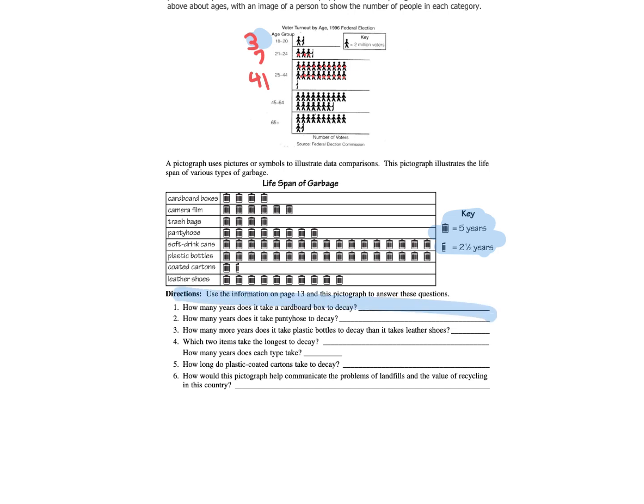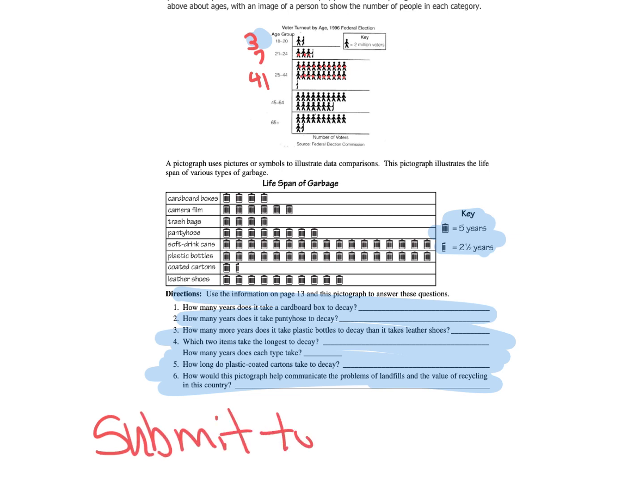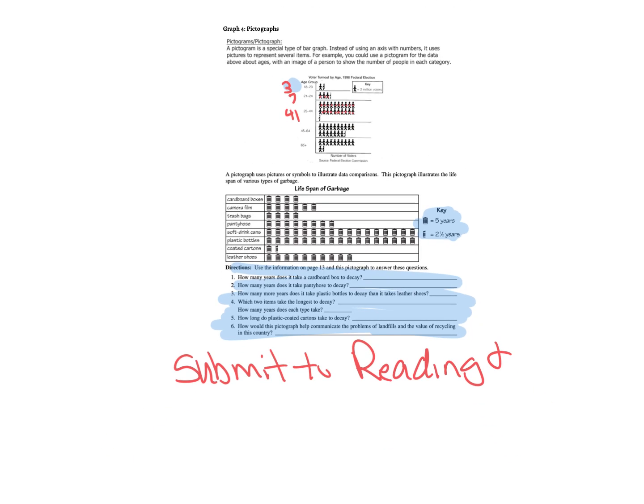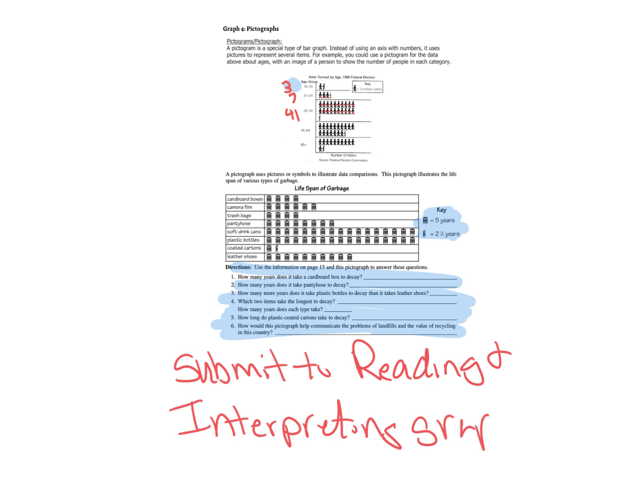So go ahead and make sure you finish this part as well. And once you are done, please submit to Reading and Interpreting Graphs in Schoology. All right, good luck.